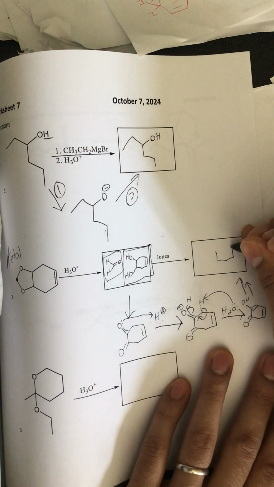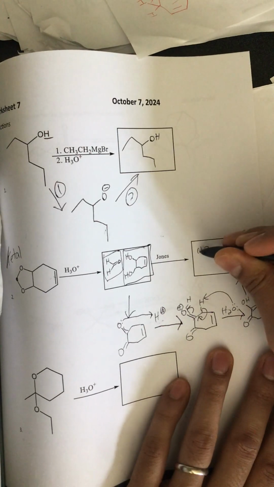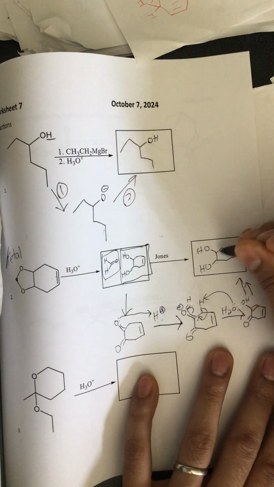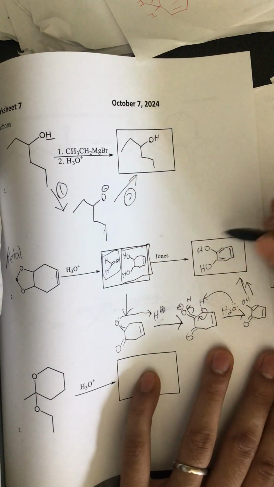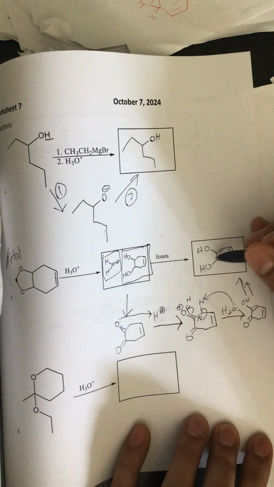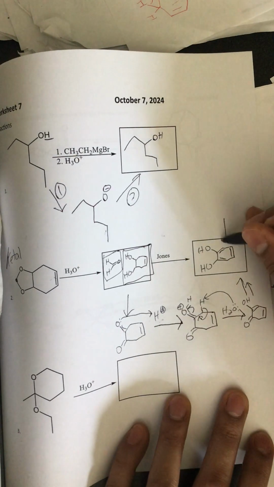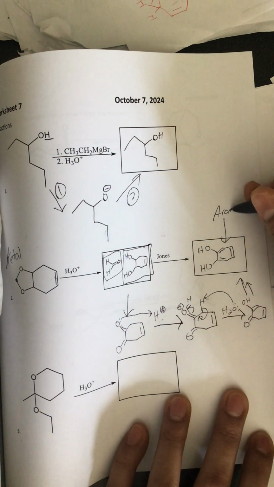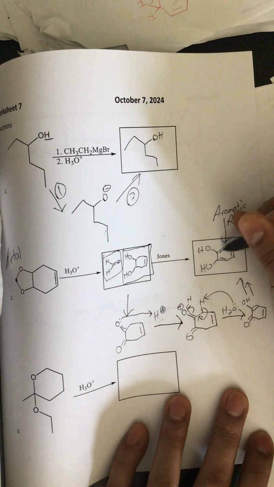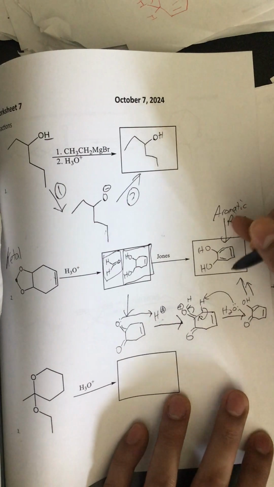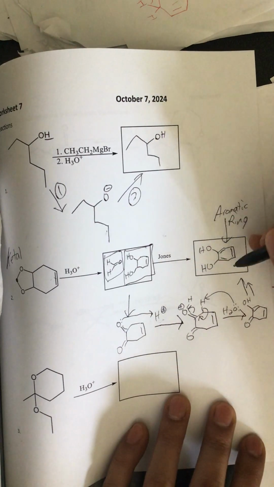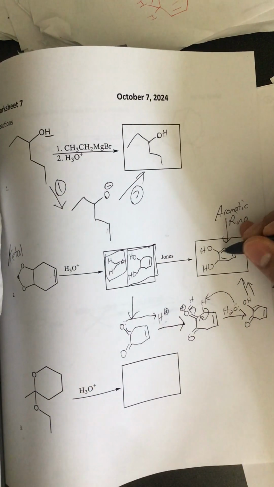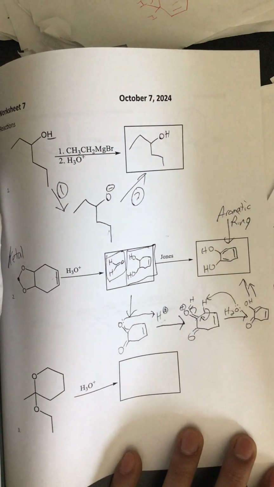And eventually, you're gonna make what's called a catechol, which is what the functional group that poison ivy has that reacts to your skin a lot. So this only happens because you make an aromatic ring. Remember, the enol form is usually way less stable than the ketone form or the carbonyl form, right? So the only reason this happens is because you have extra stabilization from making the aromatic ring.